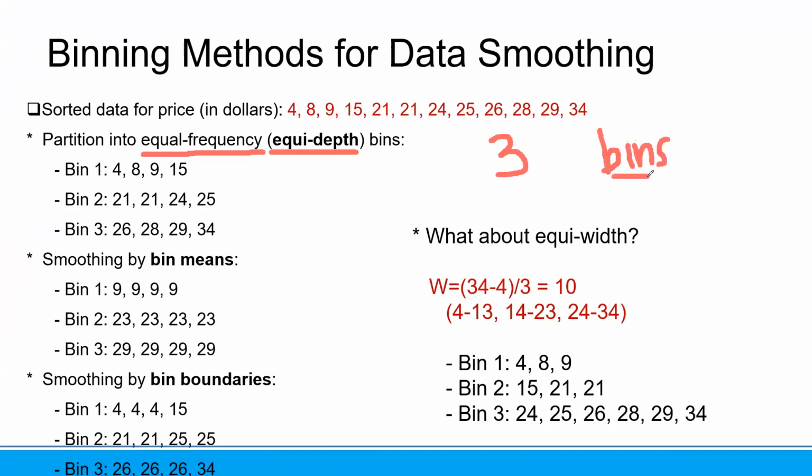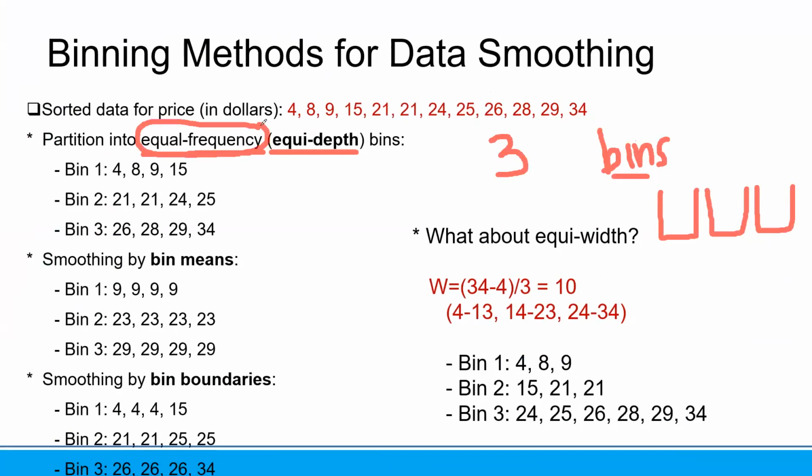Do you know bin? A bin is something like a place. So I have 3 places, and each place is like one category. I have 3 bins, and I want to make them equal frequency.